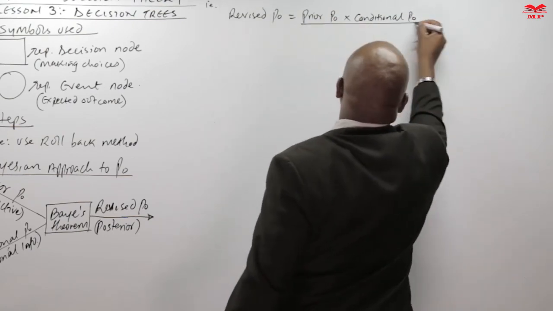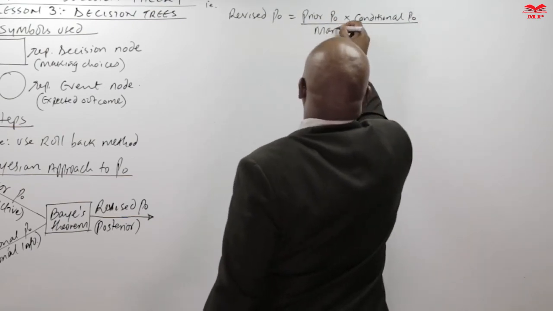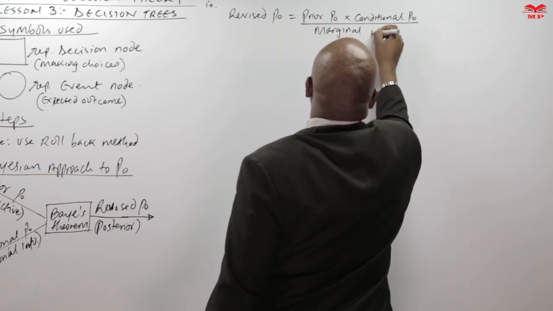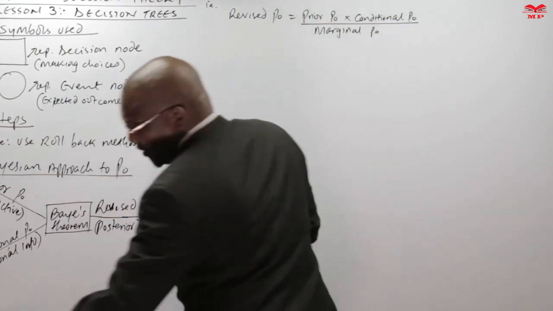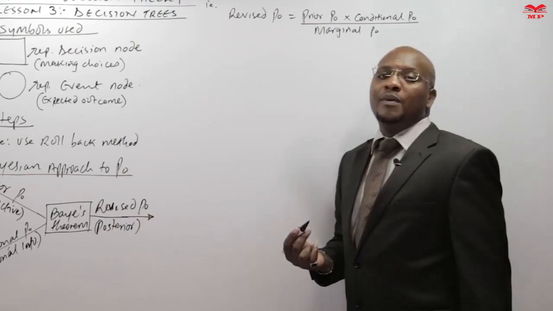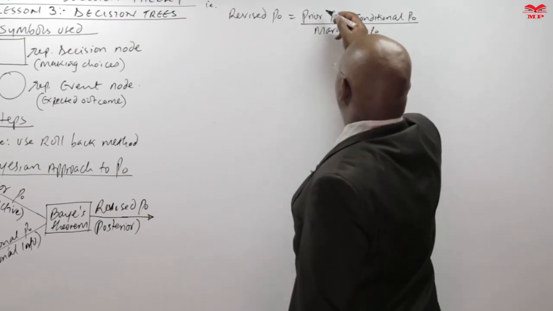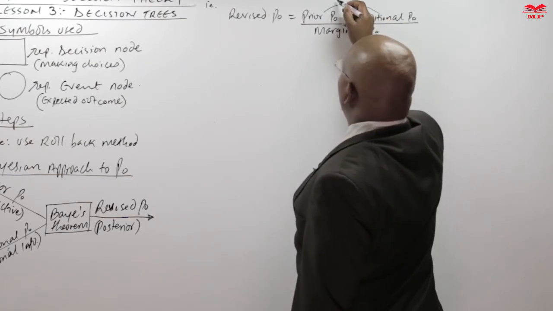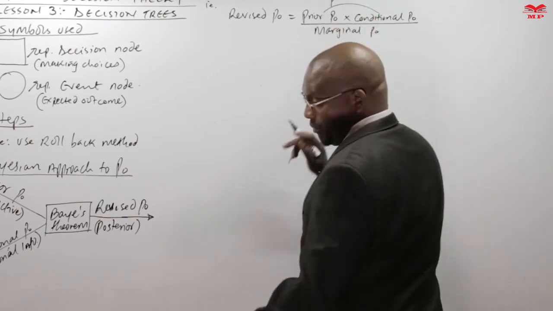All these we divide by what we call the marginal probability. Now, the prior times the conditional, which is the information. Two probabilities, when you multiply them, give us what we call the joint probability.